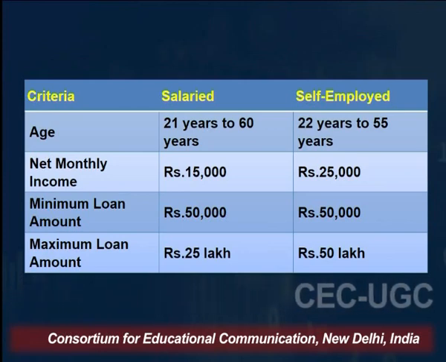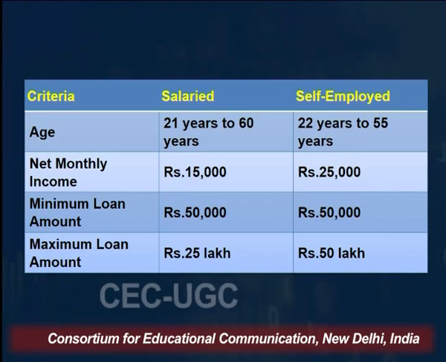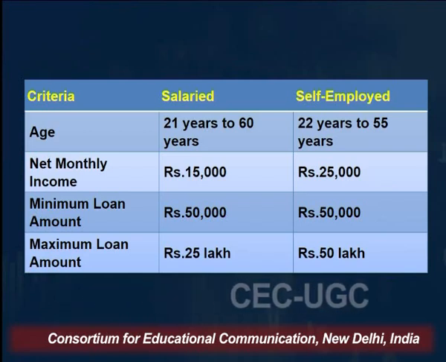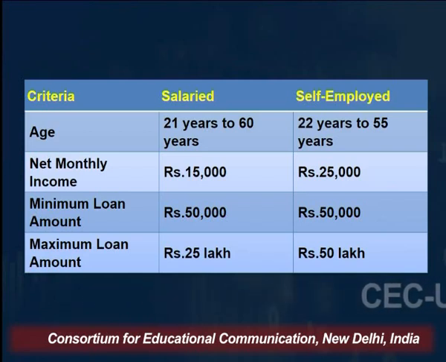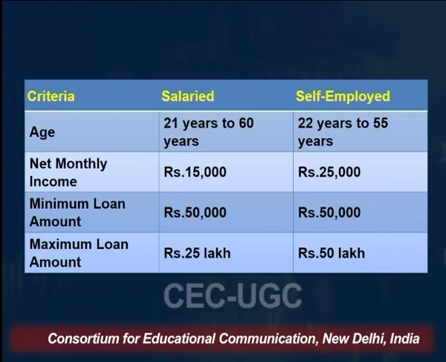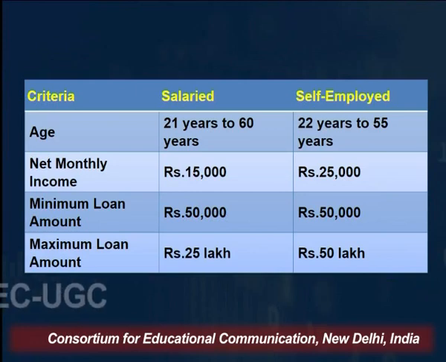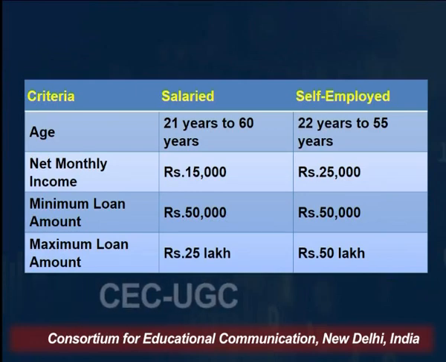The net monthly income is 15,000 for a salaried person and 25,000 for the self-employed category. The minimum loan amount is 50,000 for both salaried and self-employed. The maximum loan amount is 25 lakhs for salaried, and for the self-employed it is 50 lakhs.